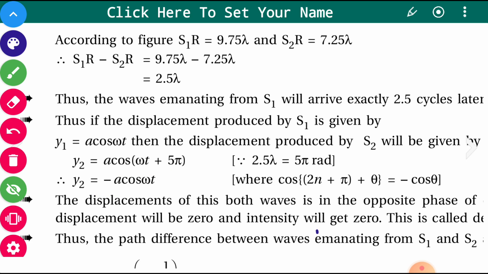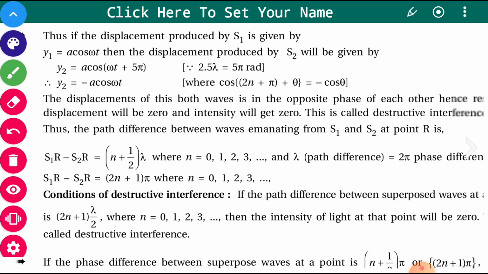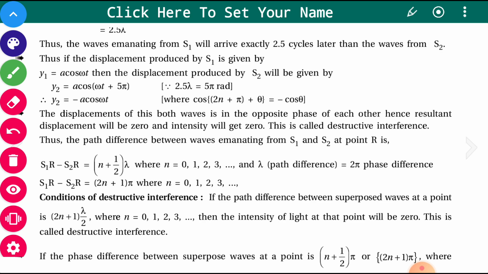And if you take the superposition principle, what will happen? y1 plus y2 will give zero intensity. At a point where the phase difference is like this, that is 5 pi, 7 pi, an odd number, there will be zero intensity where these two waves are superimposed, and there will be destructive interference.